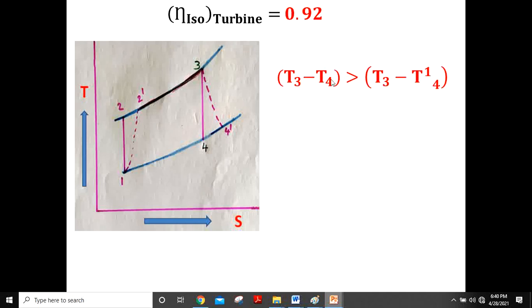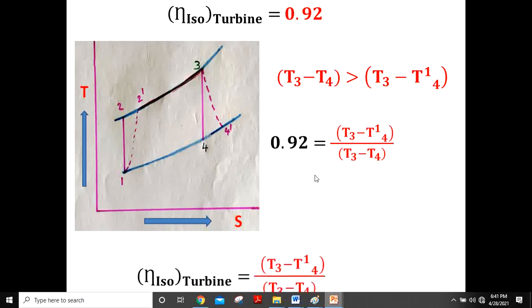This is the actual, T3 minus T4 dash. Next, 0.92 is equal to T3 minus T4 dash divided by T3 minus T4. Therefore, the isentropic efficiency of the turbine is given by T3 minus T4 dash divided by T3 minus T4.